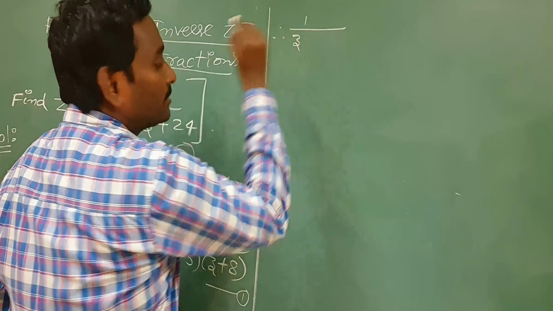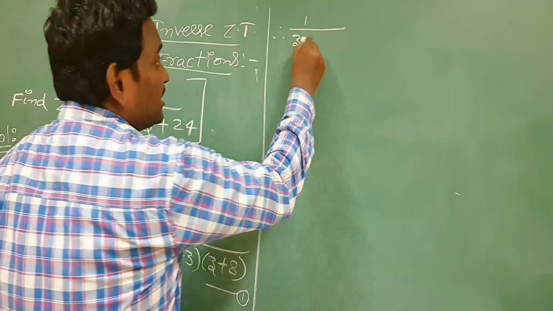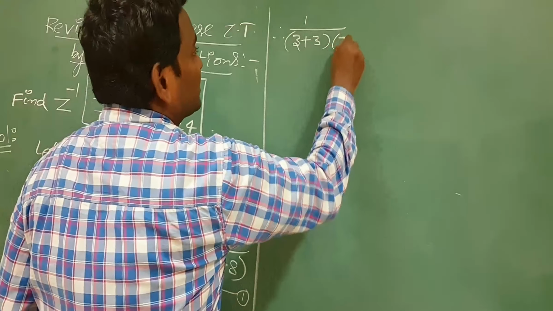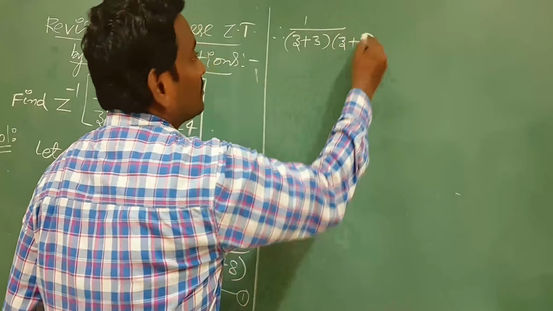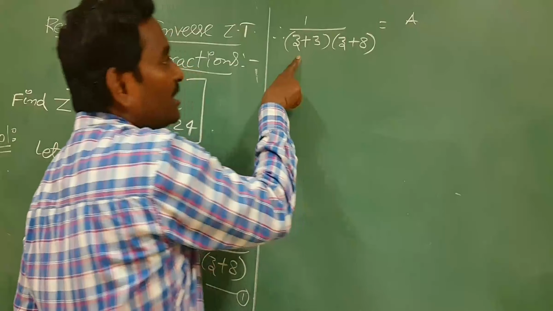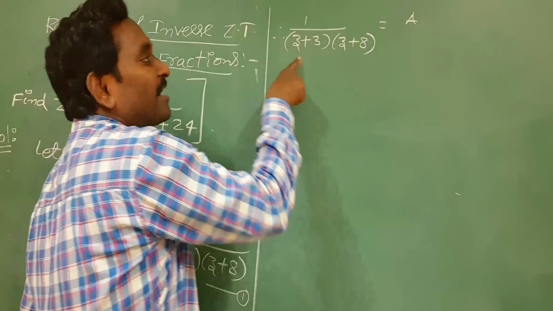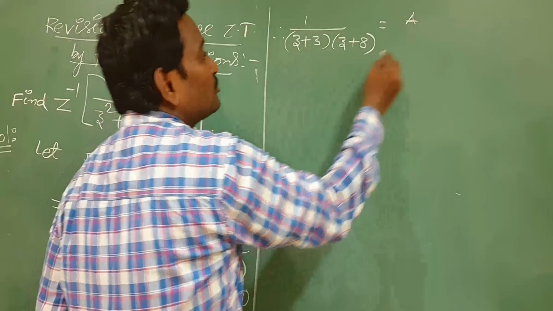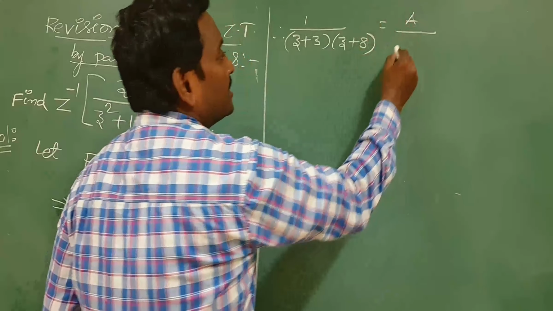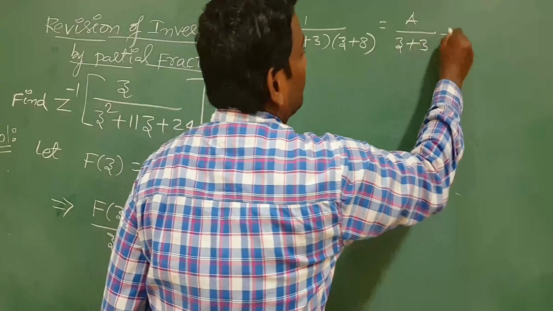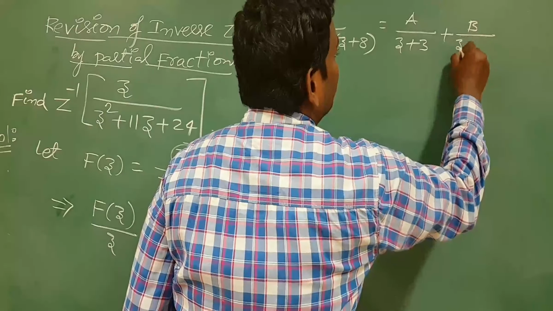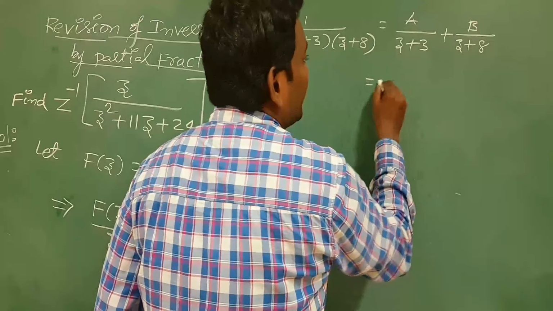So, 1 by z plus 3 into z plus 8 is equal to a by, since the denominator has different linear factors, the numerator of z plus 3 should be a constant. That is why I am taking a by z plus 3 plus b by z plus 8. Take the LCM.